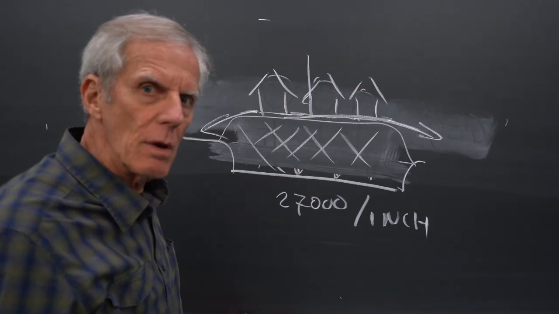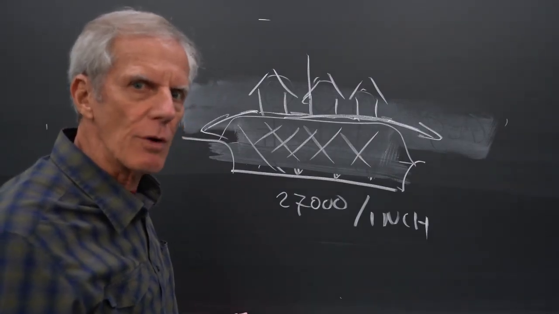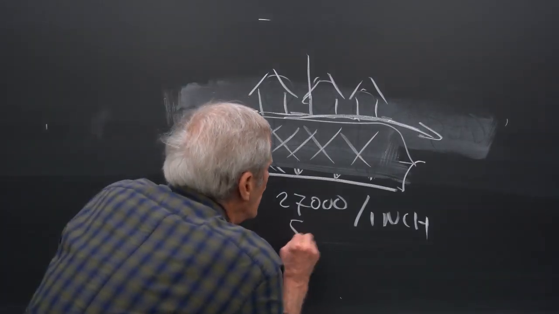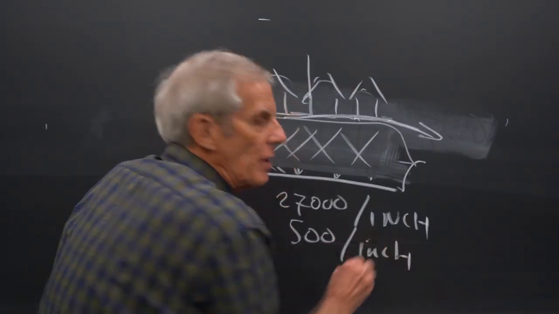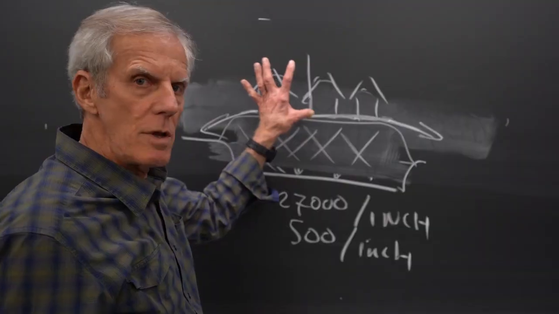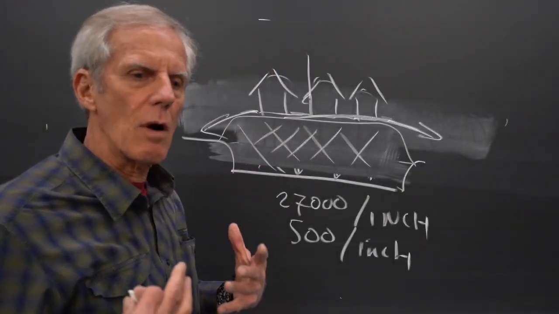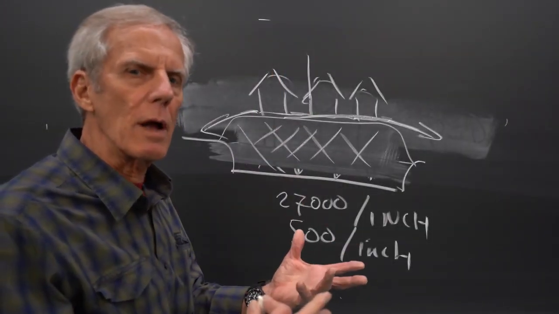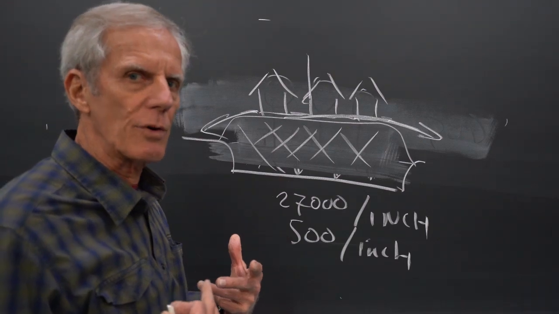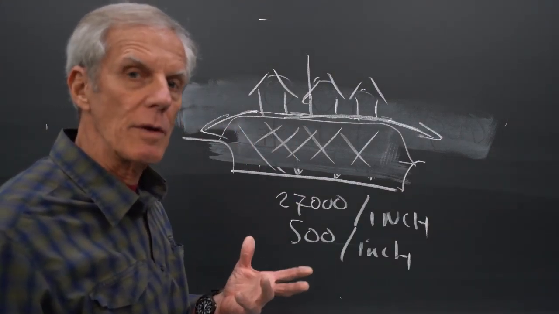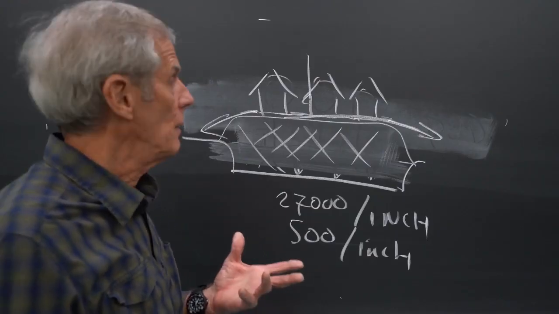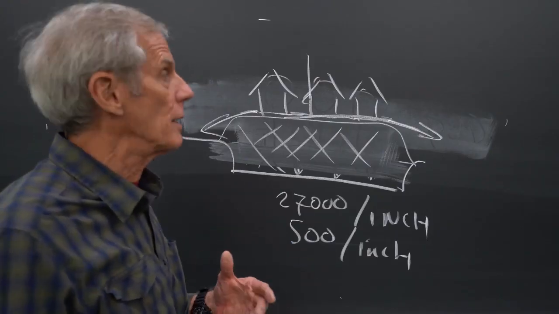A forest of the same size, a 1-acre forest, would shed about 500 gallons per inch of rain. So these particular kinds of developments are much closer to parking lots than they are to forests. They shed large amounts of water, and that causes what we think of as urban flooding, or development flooding.